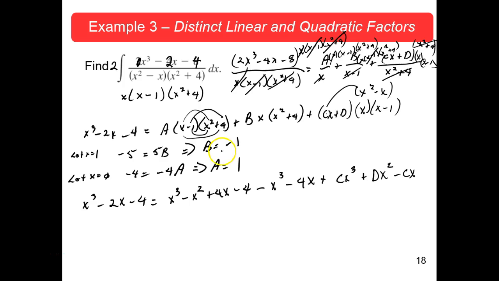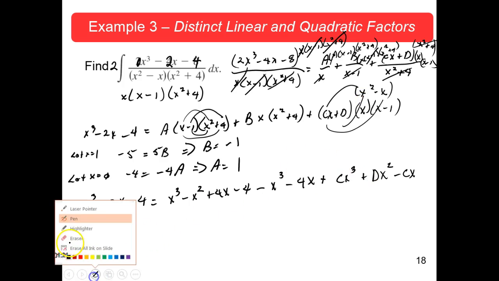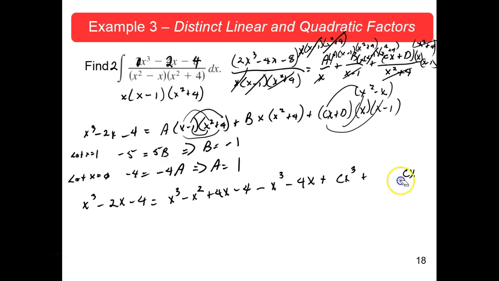That's cx cubed. Then we do our outers and our innards. Our outers here are minus cx squared, and our inner is plus dx squared. So this will be d minus c x squared, right? Or you could write them out separately if you want to.